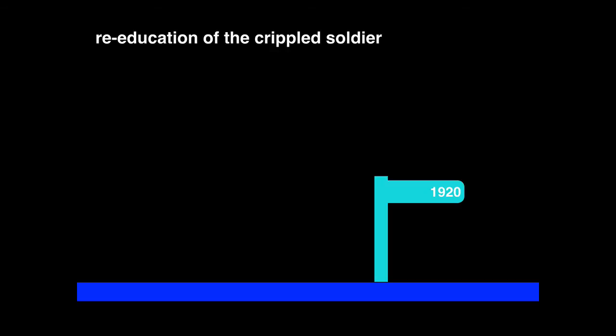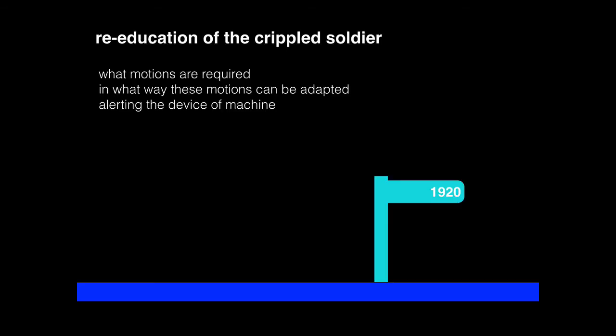And the message of this was: in considering any type of activity to which it is proposed to introduce the cripple, we first analyse this activity from the motion study standpoint in order to find exactly what motions are required to perform the activity and in what way these motions may be adapted to the available or remaining capable members of the cripple's working anatomy, or eliminated by altering the device or machine.